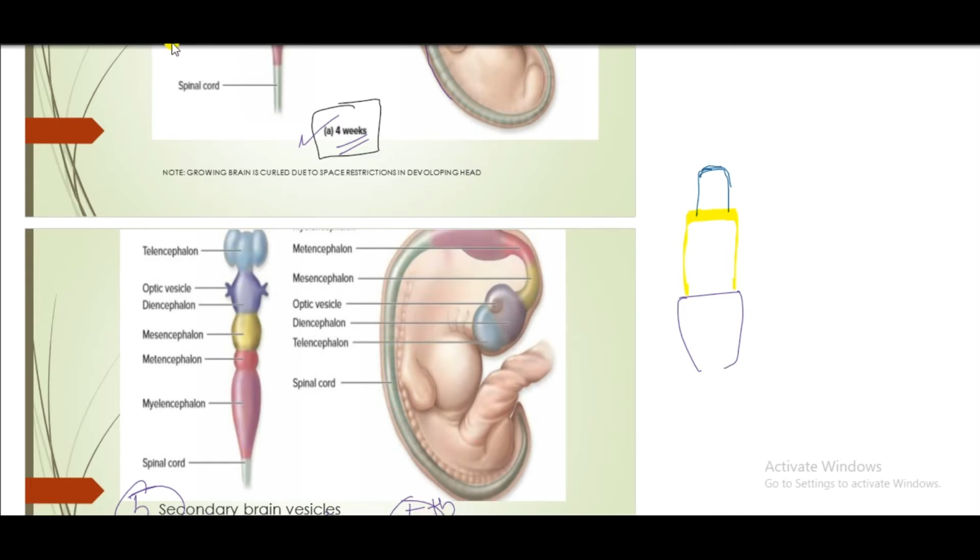From the prosencephalon in secondary vesicle, there are two additional vesicles going to be formed, which means that there is a division, or two secondary vesicles are going to be formed here. That is named telencephalon, and another one is diencephalon.